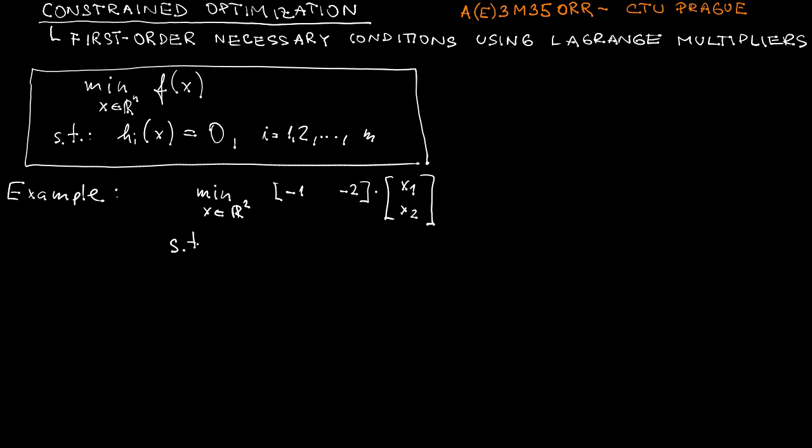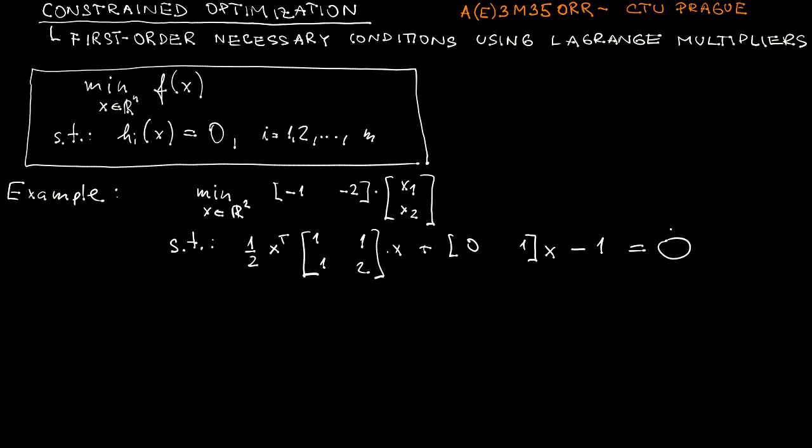And now the constraints will come in the form of a quadratic equation, namely it will look like this: 1/2 of x transposed times [[1, 1], [1, 2]] times x plus [0, 1] times x minus 1 is equal to 0. So this is the function that we are going to analyze.